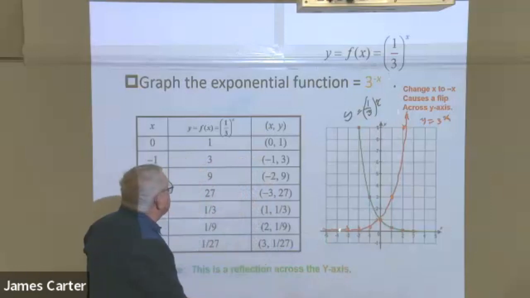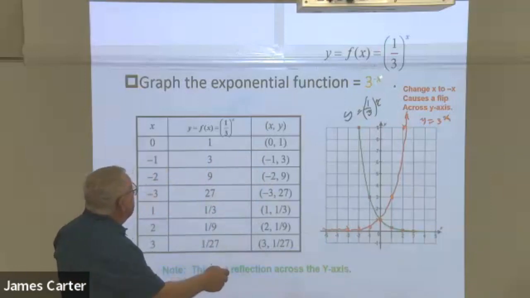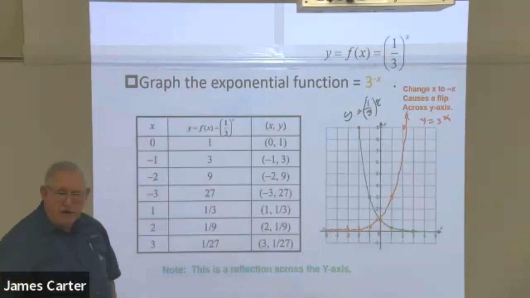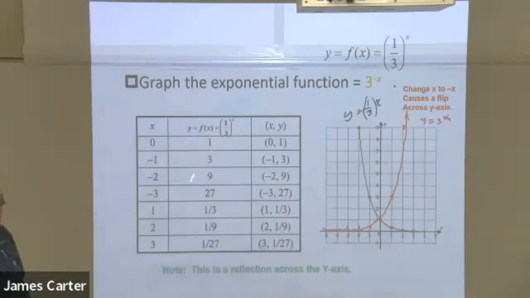So here is that basic one. This one is a reflection of that one, so it's this one in green. Here's the XY table if you wanted to do it. I'm trying to teach you to work smarter, not harder, but that means you have to learn what to look for in these.